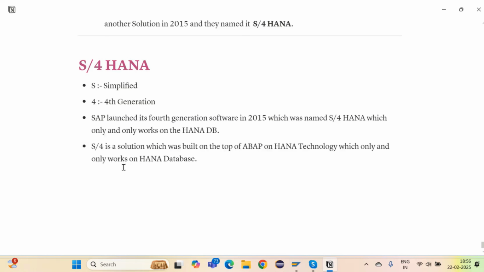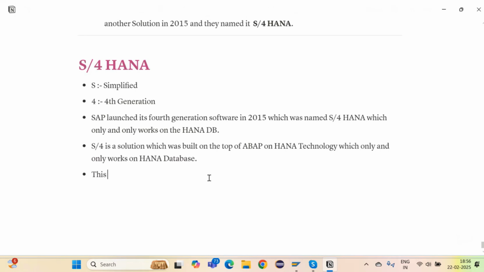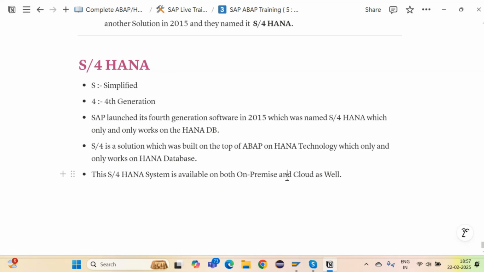This S4HANA system is available both on-premise and on cloud as well. From last year, they started to promote the cloud part only.